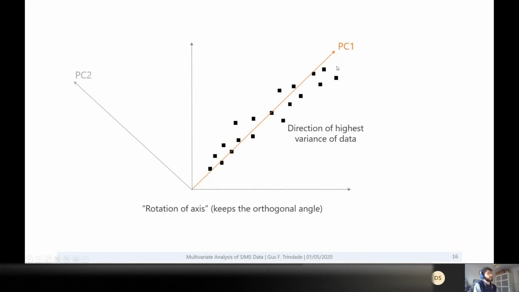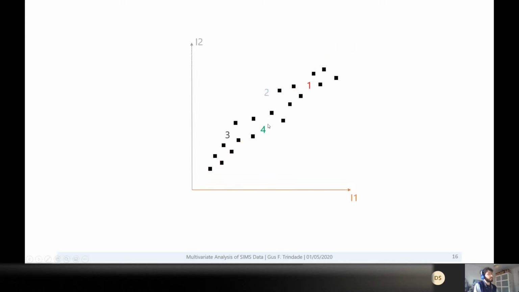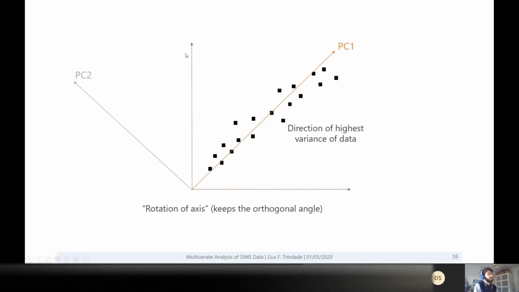And that's why we call it dimensionality reduction, because before, in order to explain the quantity of PDMS, we had I1 and I2, but they're both redundant. If you know how much of I1 is there, you also know that there will be a lot of I2. So if we change to a new axis, which is the new principal component, you can only say there's this much of PC1, and PC1 represents PDMS. So that's the basic concept of PCA. It's axis rotation when you think about the geometry.